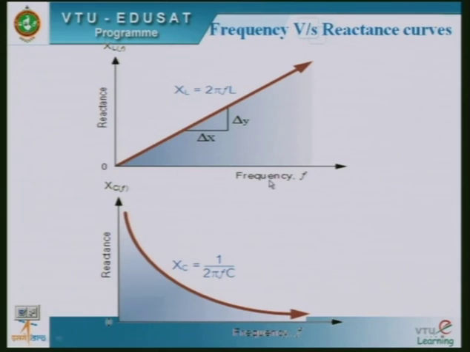The frequency is directly proportional to inductive reactance with respect to the expression XL equal to 2 pi FL. Whenever F is equal to 0, that is called the DC state. At that state, the inductive reactance is also 0. If inductive reactance is 0 in the circuit, then the circuit behaves like a short circuit.